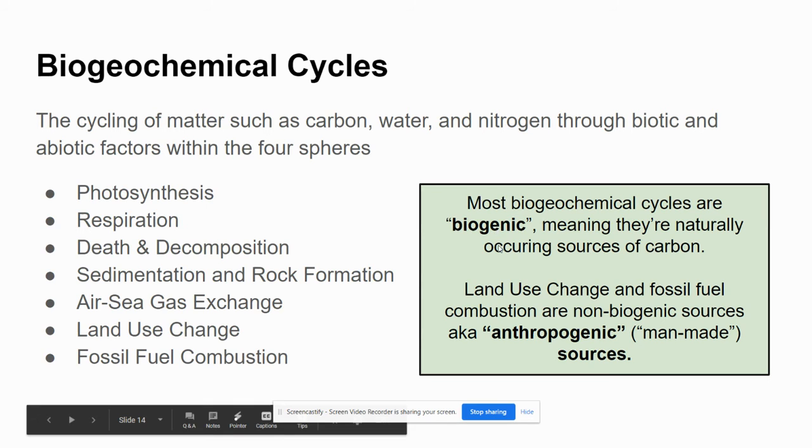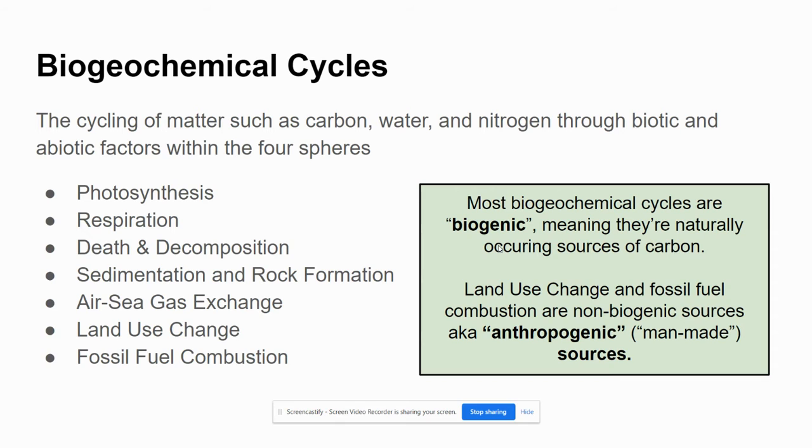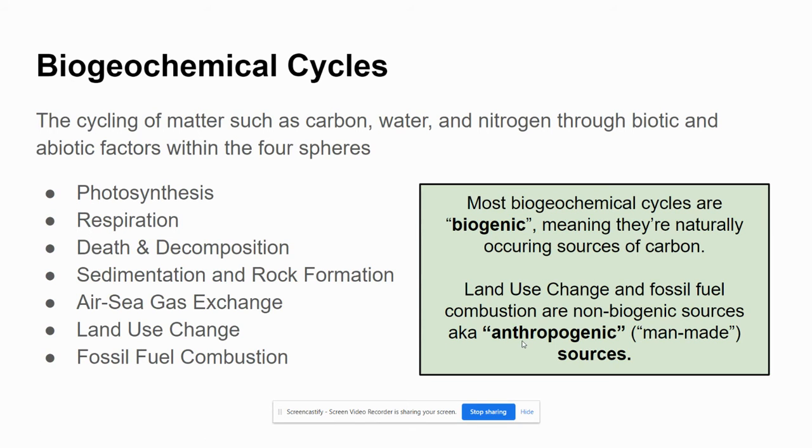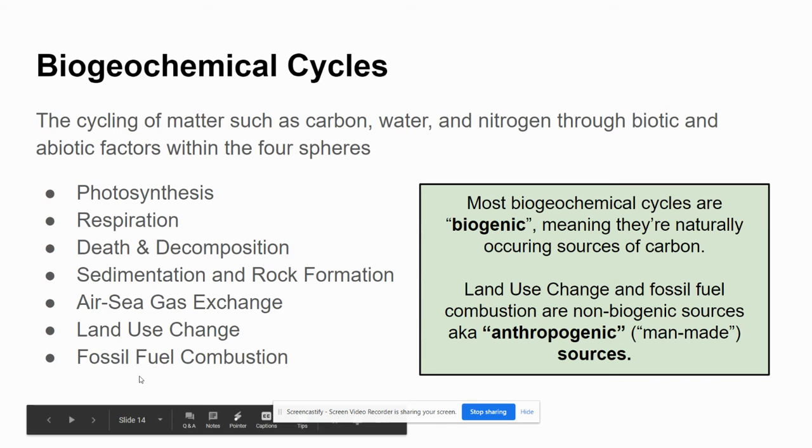They are naturally occurring sources of carbon, so you don't need humans for them. The earth can take control of itself, it can cycle on its own. And the last two, land use change and fossil fuel combustion, are anthropogenic, meaning they are man-made sources. So whenever humans intervene, we'll see what happens, how they are fluctuating the level of carbon within the cycles, and what the impact is.